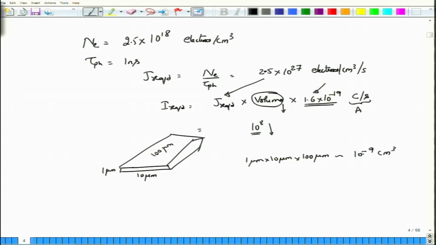When you substitute that into the volume here, the required current will be about 0.4 amps or 400 milliamperes. Now this 400 milliamperes is quite manageable.